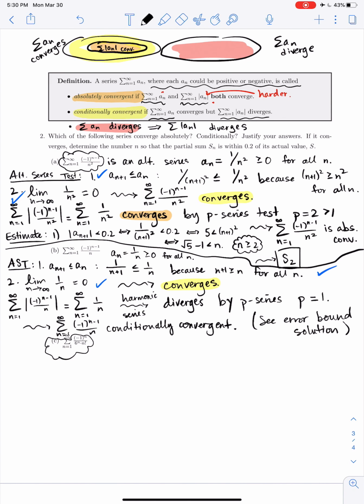Okay, so this guy is an alternating series. Let's just verify what the positive part of the series terms are. They are 1 over 6 to the n times n factorial. Now here's an interesting thought that I want to point out. Notice that in this series, you have negative 1 to the n, not negative 1 to the n minus 1.